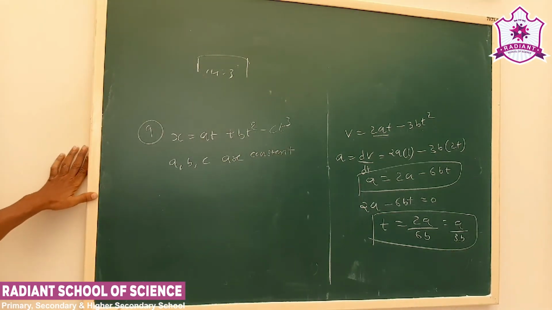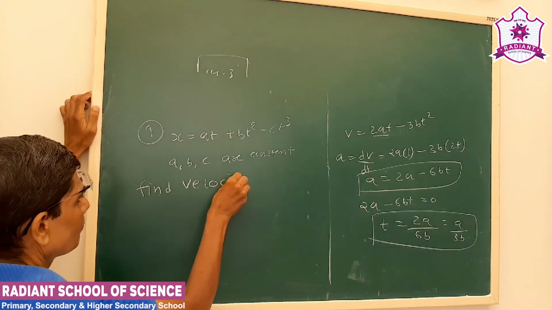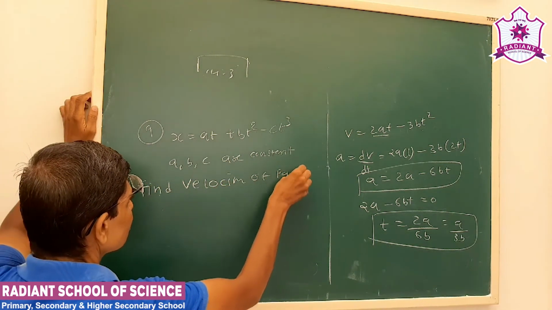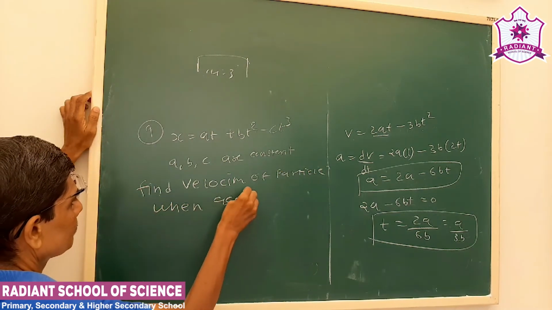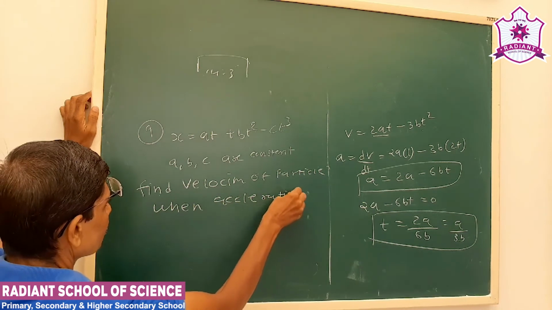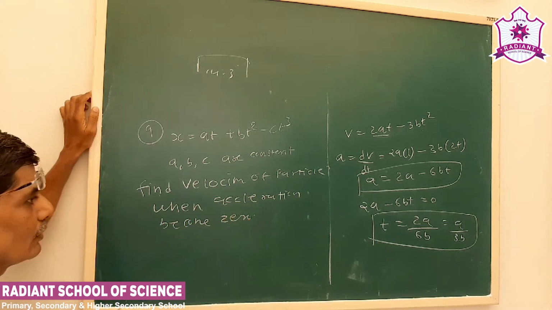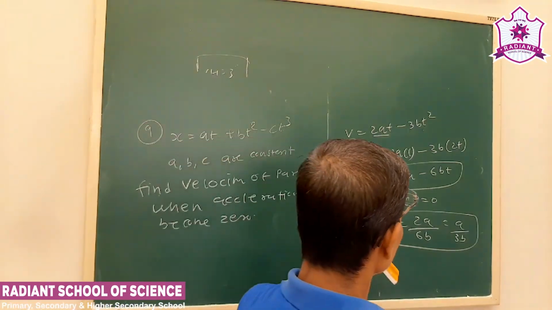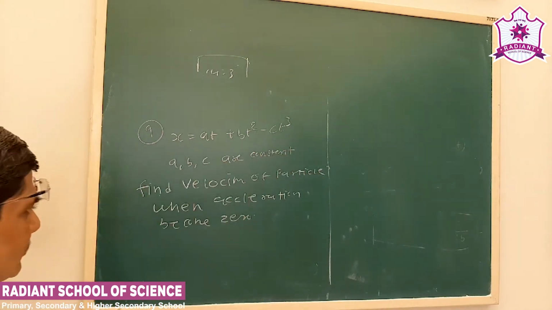We have to find out the velocity of the particle when the acceleration becomes 0. Okay, this one is an important MCQ.